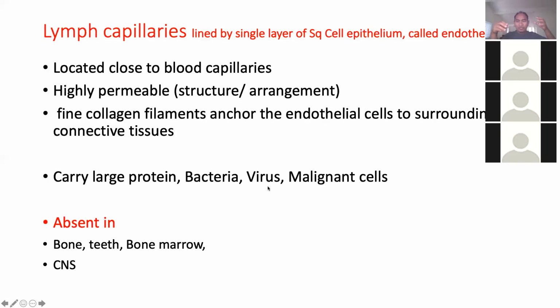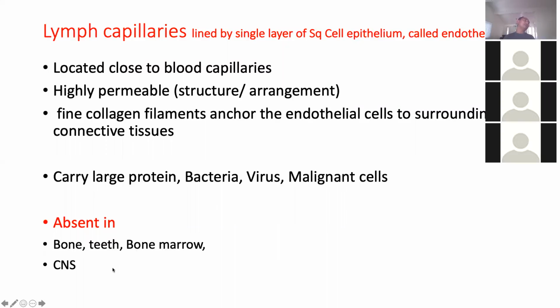So everything the blood vessel cannot take, the lymphatic capillary will take. It is just like a scavenger. If there is anything dirty in the periphery of the body, excessive fluid, bacteria, virus, anything, the lymphatic capillaries will take it back to the systemic circulation.